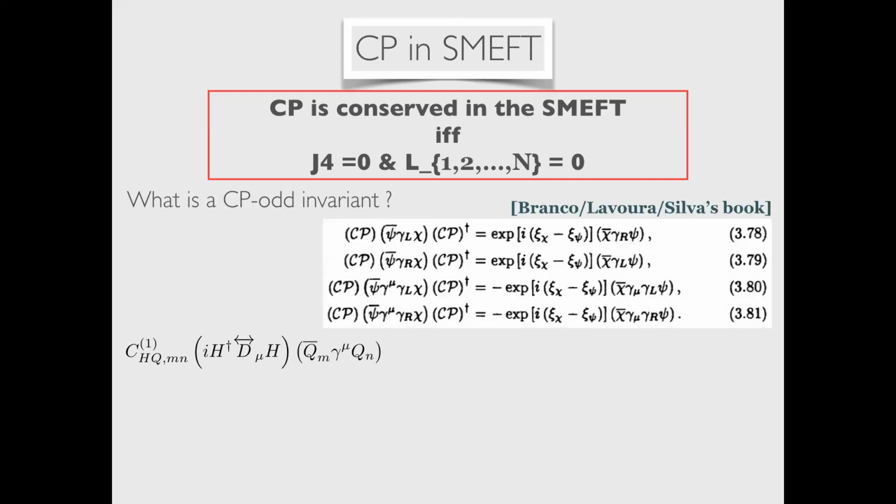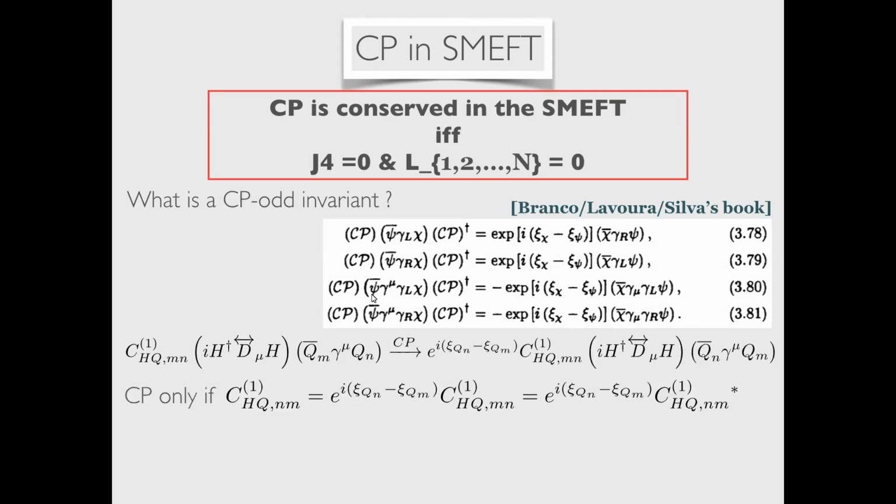You can go to textbooks which define the most generic CP transformation, for instance, here for massive fermion fields, and you can work out the CP transformation of this operator. Under CP, it goes to itself times a phase, and CP is conserved if the Lagrangian is unchanged under this transformation. That gives you a condition on the different coefficients, which is here.